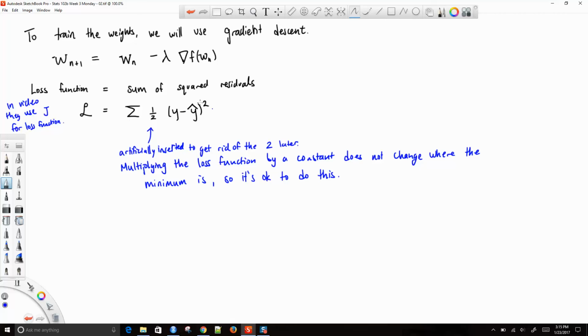We want to differentiate the loss function with respect to W, and we have 2 W matrices, so we're going to have to figure out 2 different derivatives effectively.